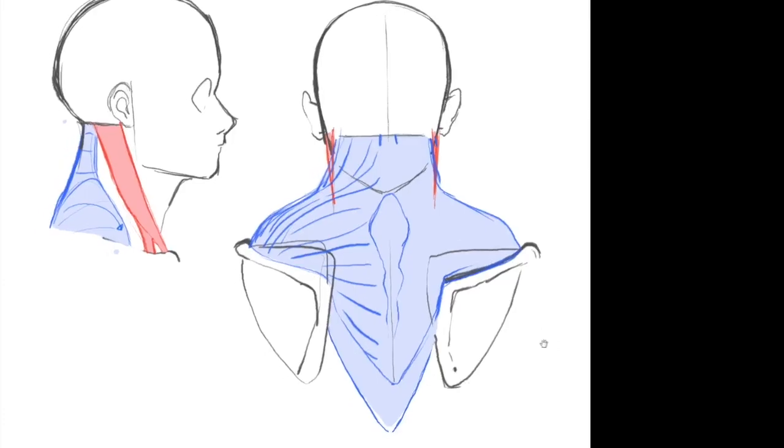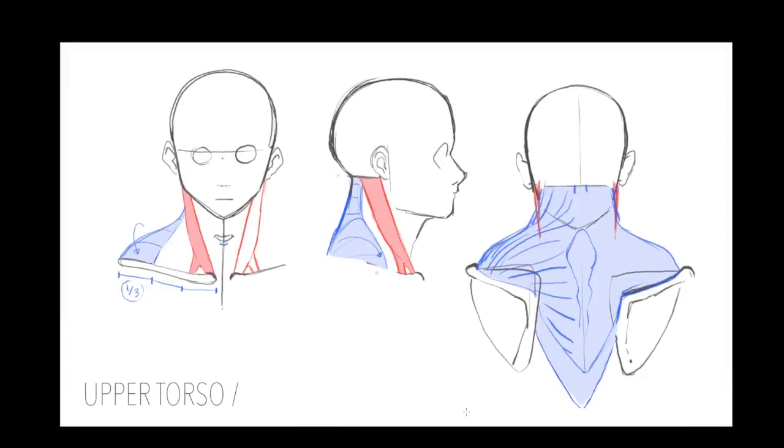If you look from behind, the sternal muscle is very hard to see, but you can see the trapezius is actually a very large muscle that holds the neck. As you can see, the spine area in the center is definitely covered by skin and not the muscle.